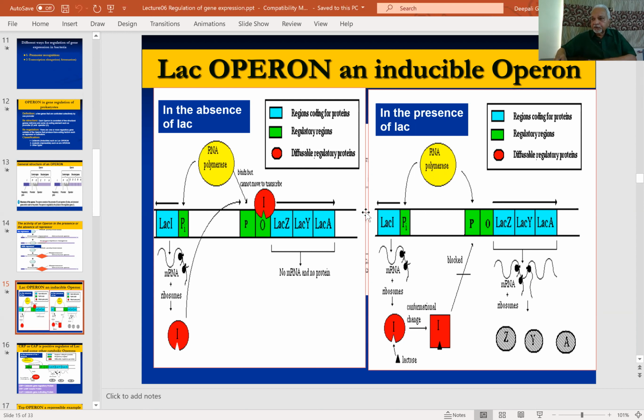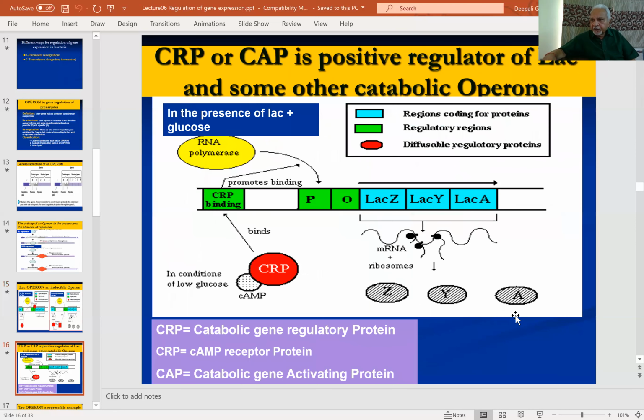As soon as the lactose comes, it interacts with this inhibitor and doesn't allow it to go to the operator region, and this brings about transcription. So the simple Lac operon system was given. This is the first system to be understood, very clearly explaining what goes on and how these genes are regulated.